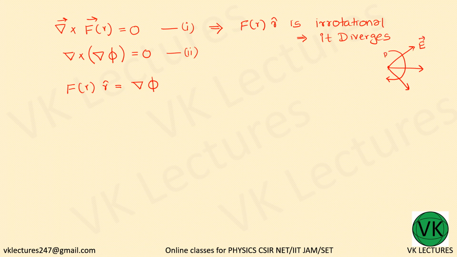So the electric field is an example which diverges. So f of r can be taken as an electric field, so it is irrotational, that means it diverges, it does not curl. Curl means winding up.